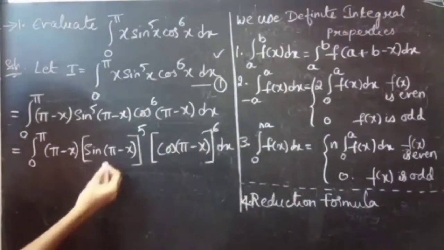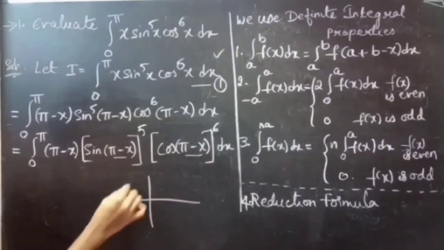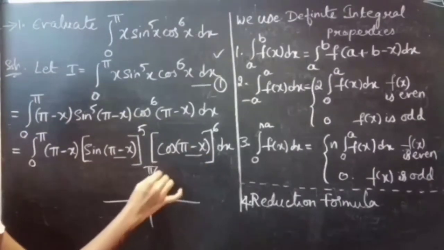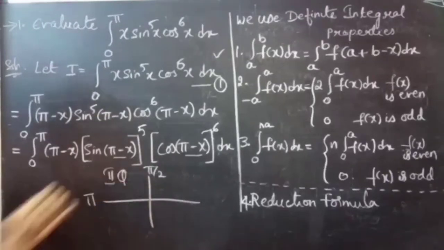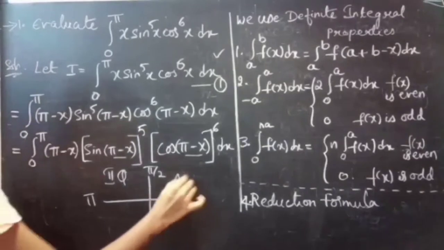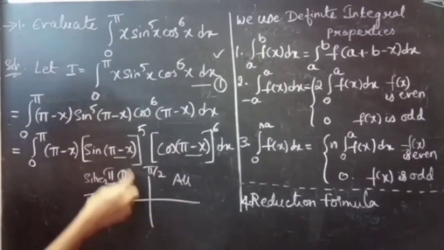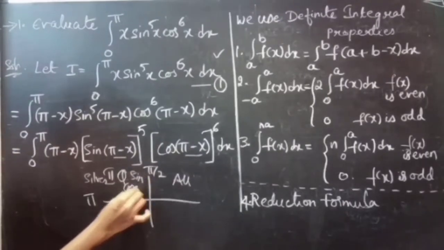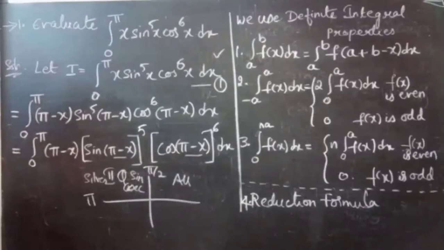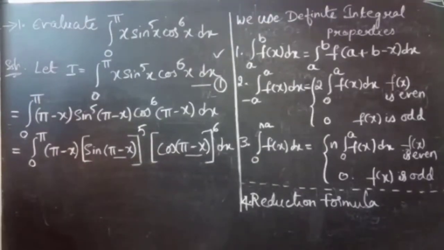Since we are having pi minus x, pi minus x will be in the second quadrant. If you consider the all silver teacups rule, in the second quadrant, sine and cosecant will be positive and the remaining will be negative.